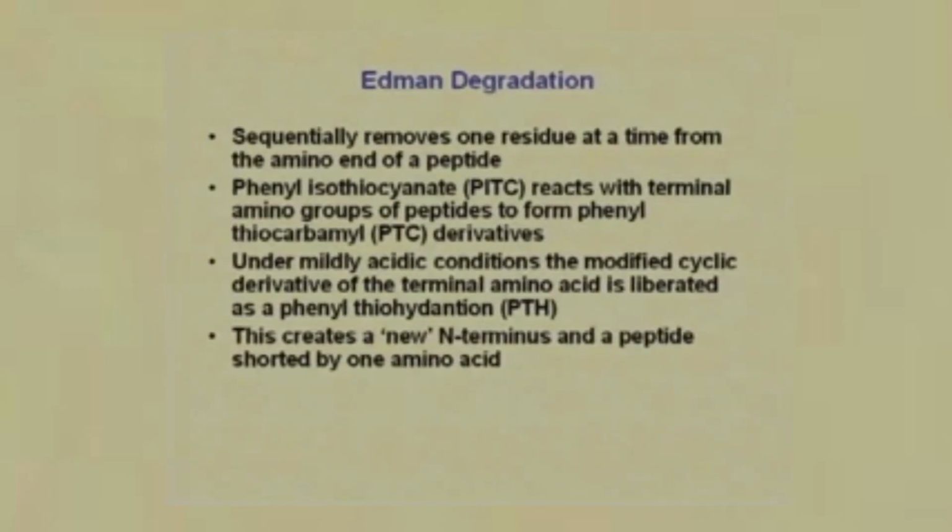So we have PITC that reacts with the terminal amino groups, and then certain derivatives are formed. This is basically what happens. We have phenyl isothiocyanate. This is our peptide, and this is the terminal amino group. If we have an alkaline pH, this forms a link here.